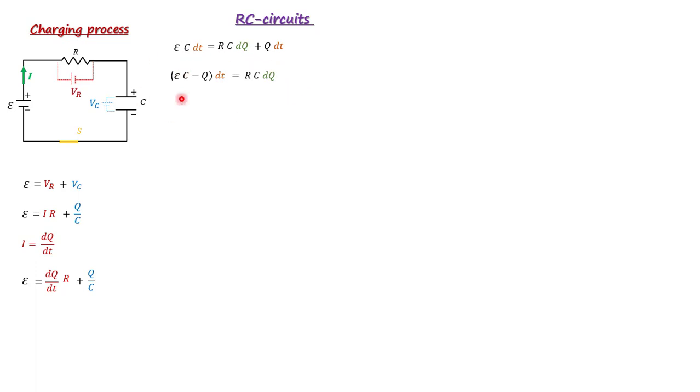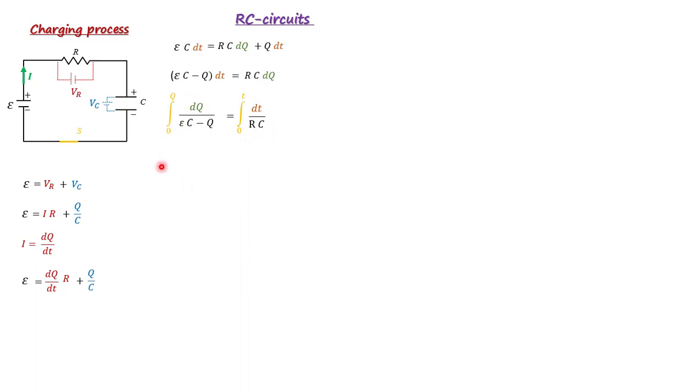Then I'm going to reorganize this equation as dQ over epsilon C minus Q, and on the right side I have dt over RC. Okay, so then to solve this equation, I'm just going to take the integral of both sides from 0 to Q and from 0 to t, because initially at time t equal to 0 there is no charge.